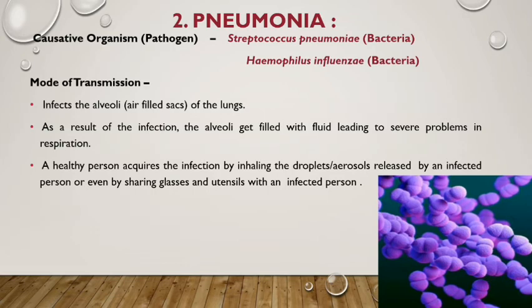Through communication, this disease spreads from one person to another. So a healthy person may acquire it by inhaling the droplets or aerosol released by the infected person, and even by sharing the belongings of that infected person.